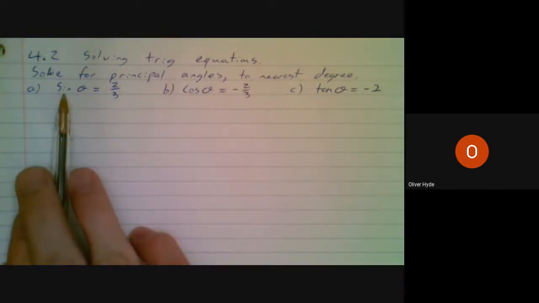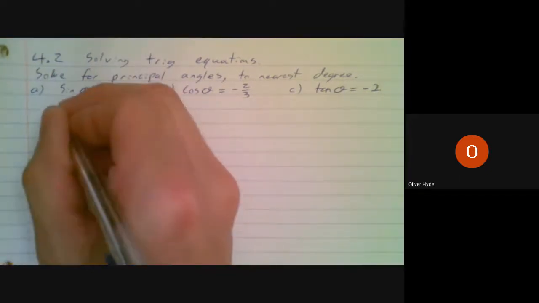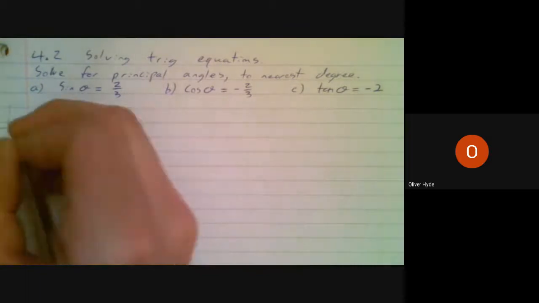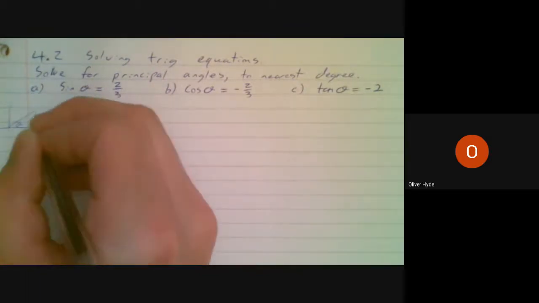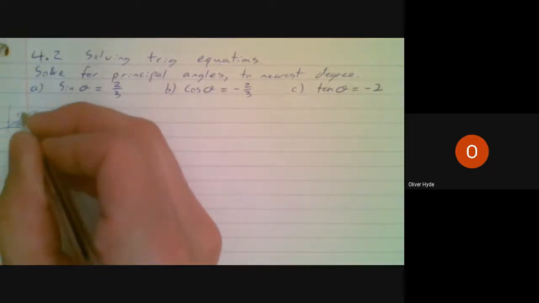I want to figure out for what principal angles the sine of that angle is equal to 2/3. What I'm going to start with is my definition. I know that the sine of theta is the ratio of, let's go back to grade 10, if I had an angle in a right angle triangle, the sine of theta would be the ratio of the opposite to the hypotenuse.